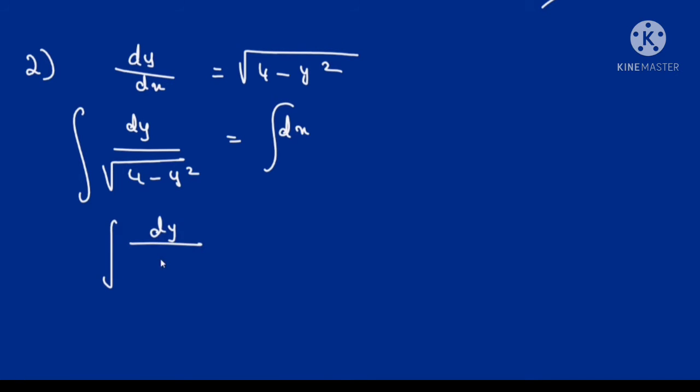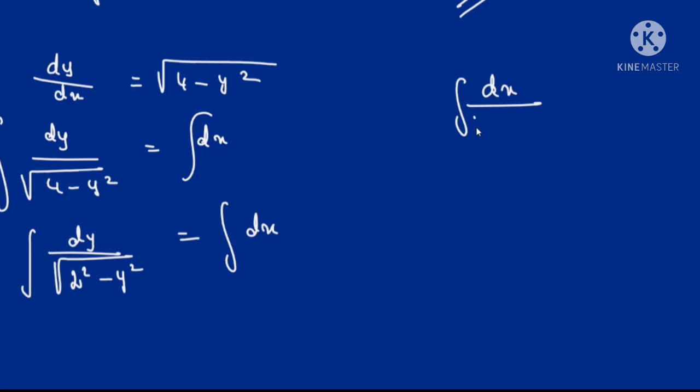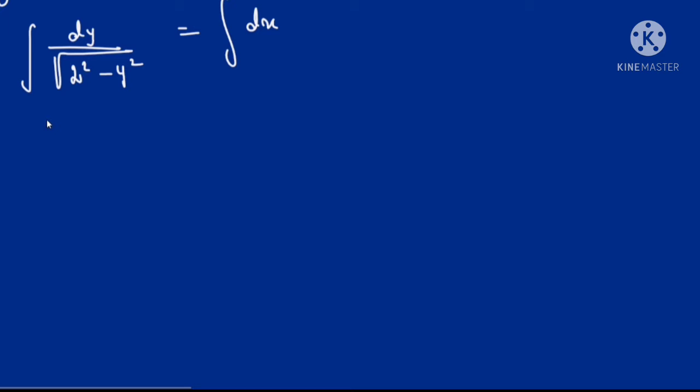What is the integration of this? This is of the form root of 2 square minus y square. Integral of dx by root of a square minus x square is sine inverse x by a plus c. So this will become sine inverse y by 2, and this side it is x plus c.